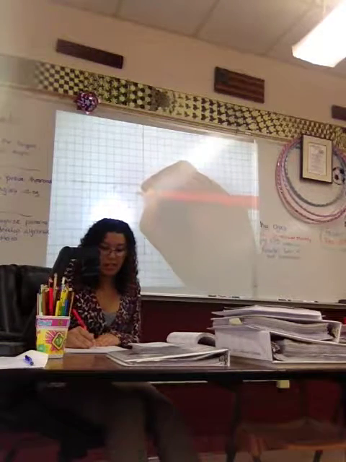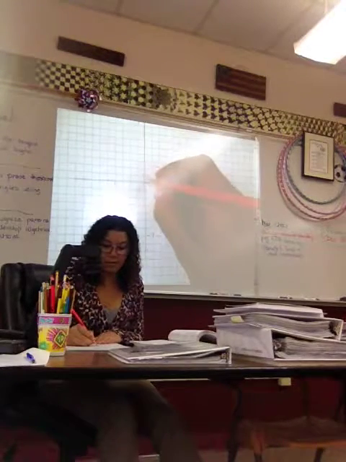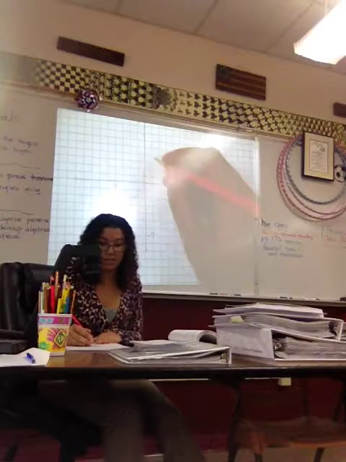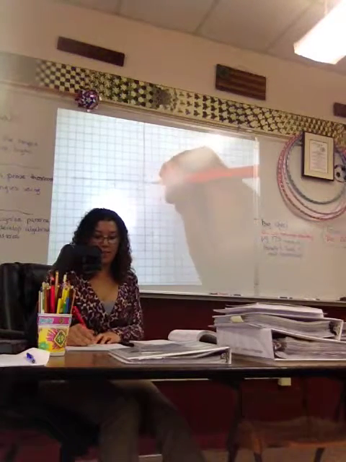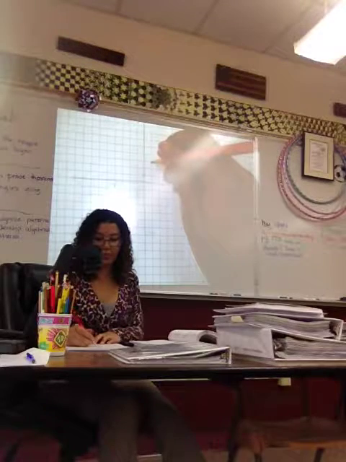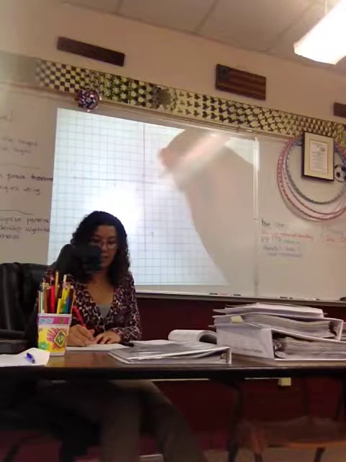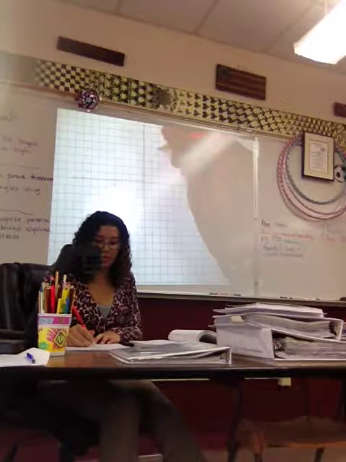Right. And we're seeing a pattern, so I'm just going to quickly fill in our table: 0, 1. And then over 1, up 3. And then we had 2, and up 1, 2, 3, 4, 5.